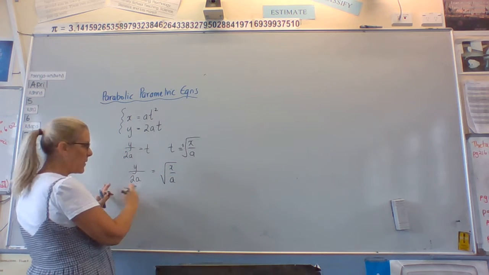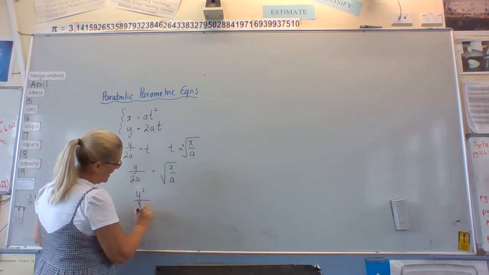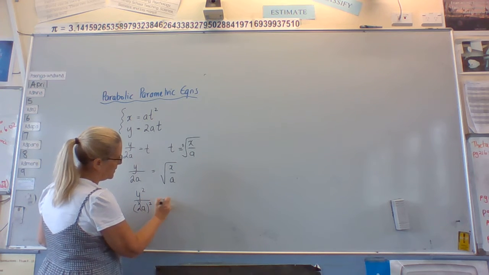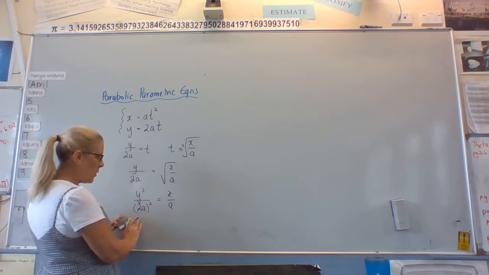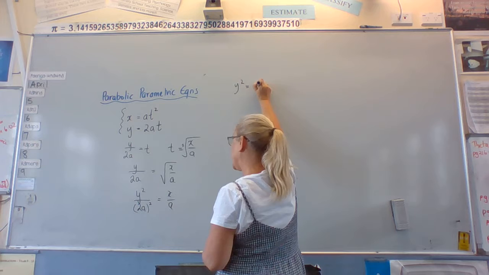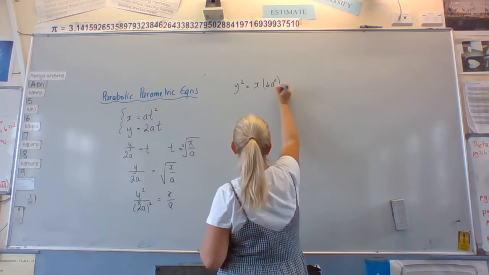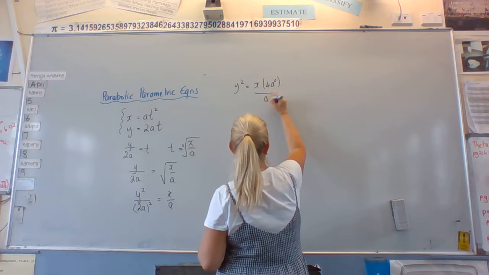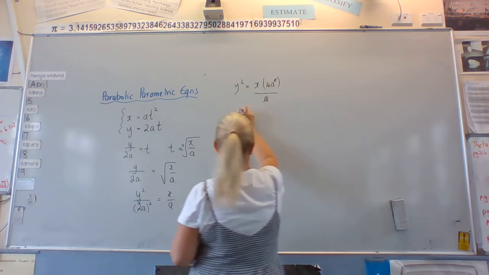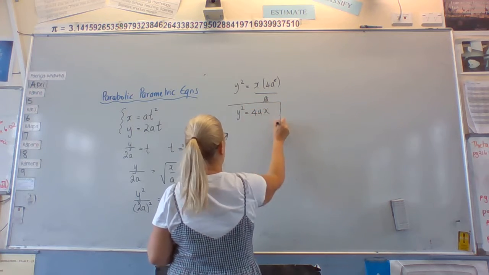If we now square both sides, we've got y squared over 4a squared equals x over a. Multiplying through, y squared equals 4a squared x over a, so we can cancel that. So our formula is y squared equals 4ax. Right, so that's where it came from.